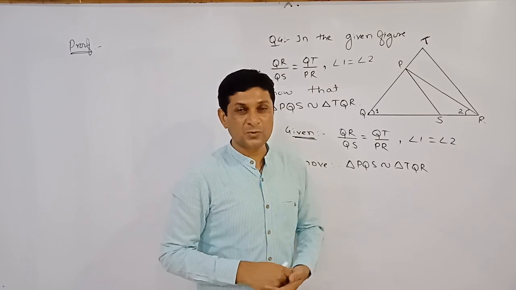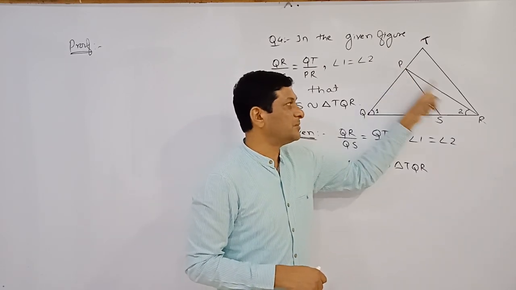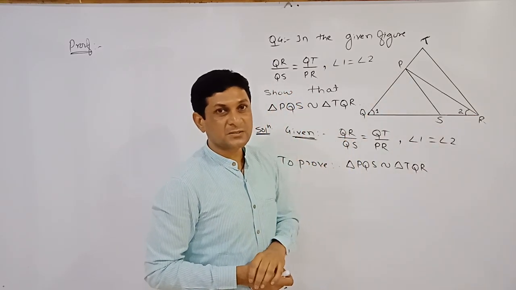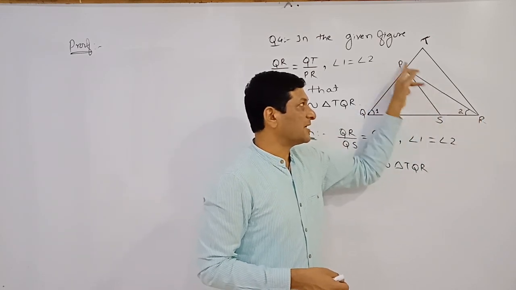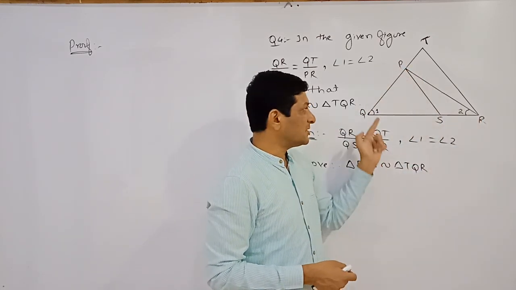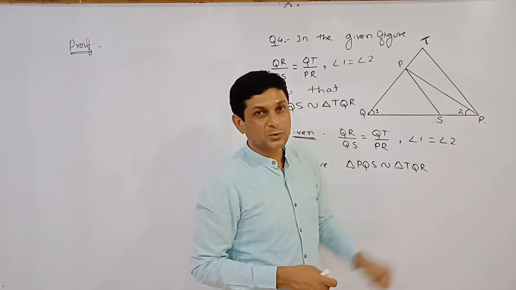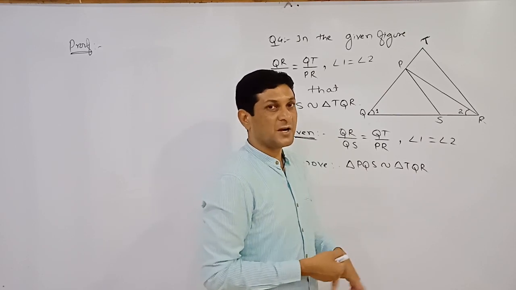Means to show that these two triangles are similar, we only have to show that PR will be equal to QP. Now to show that QP is equal to PR, we are considering this triangle PQR. In this triangle, check whether angle first and angle second are equal. And we know that if two angles of a triangle are equal, then sides opposite to them are also equal.